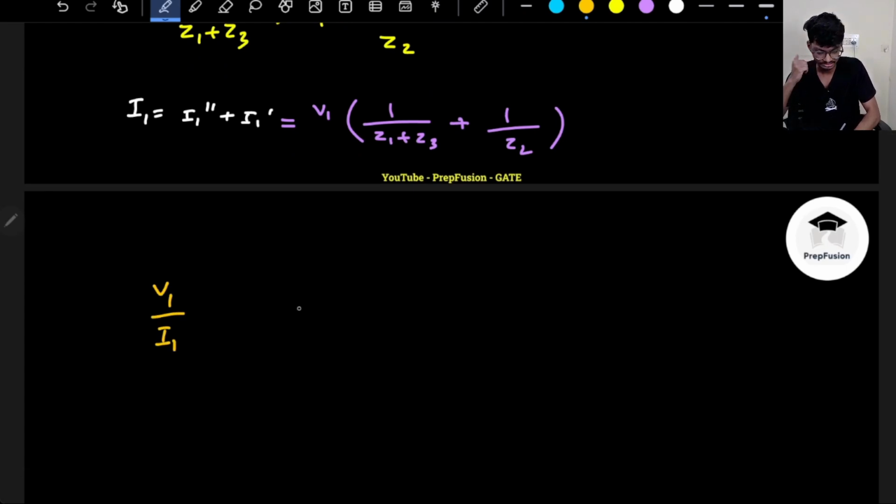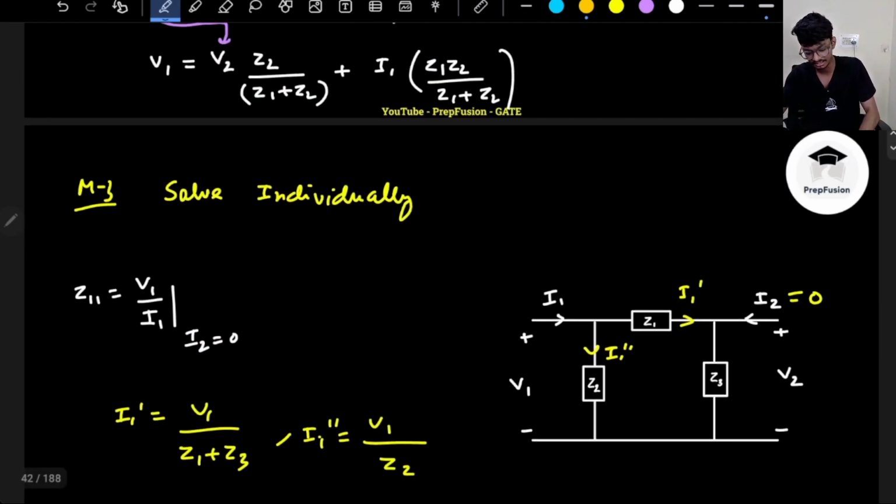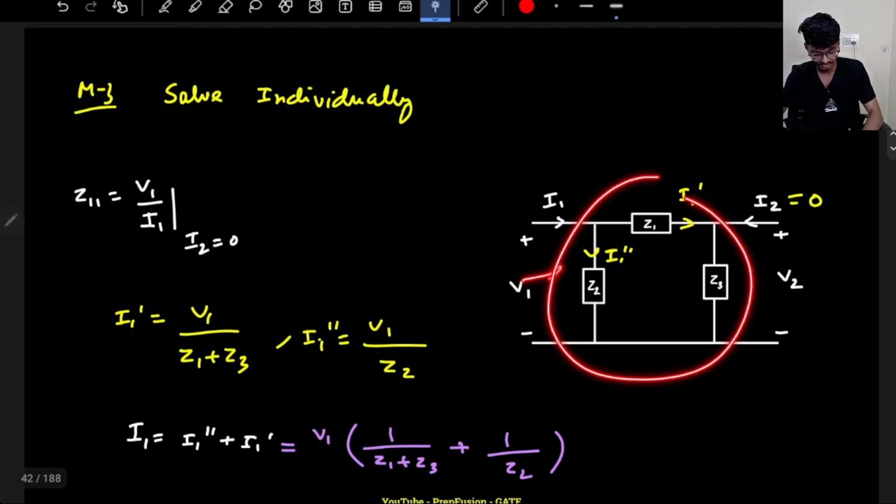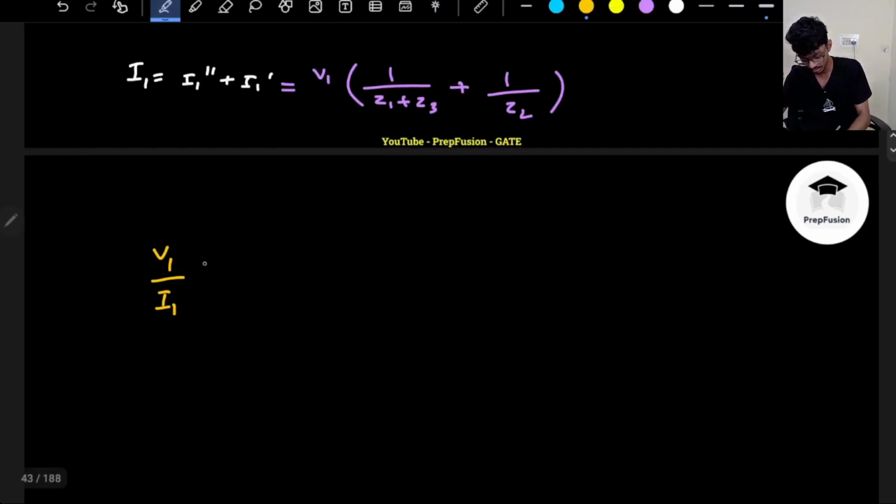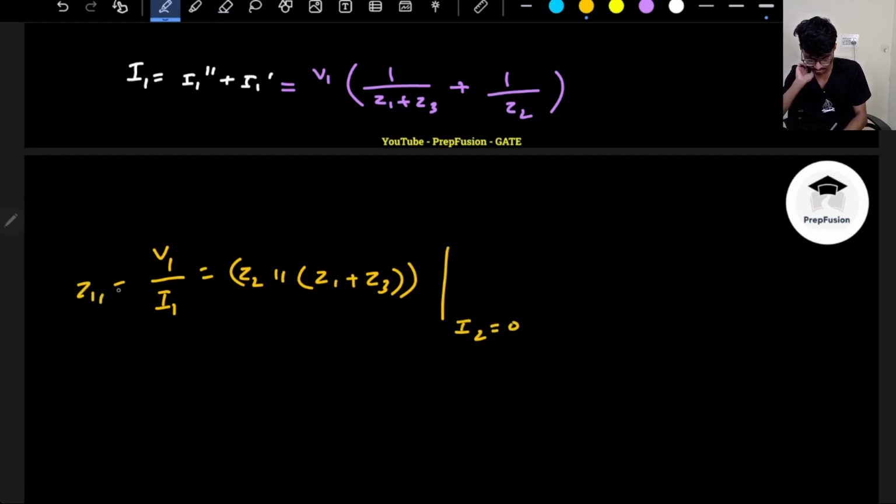Of course, there is a condition attached. After attaching the condition, what is the impedance that I am observing? It is simply this Z2 parallel with the series combination of Z1 plus Z3. Of course, there is a condition where my I2 is 0. So this was the Z11.